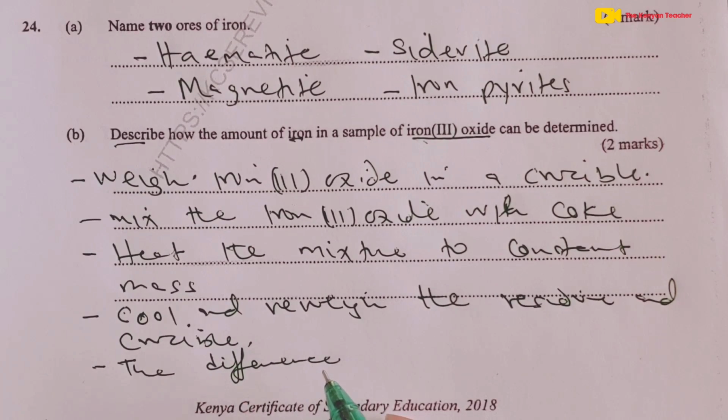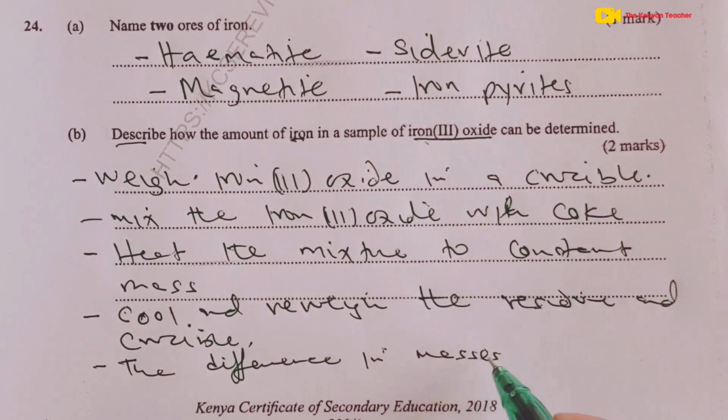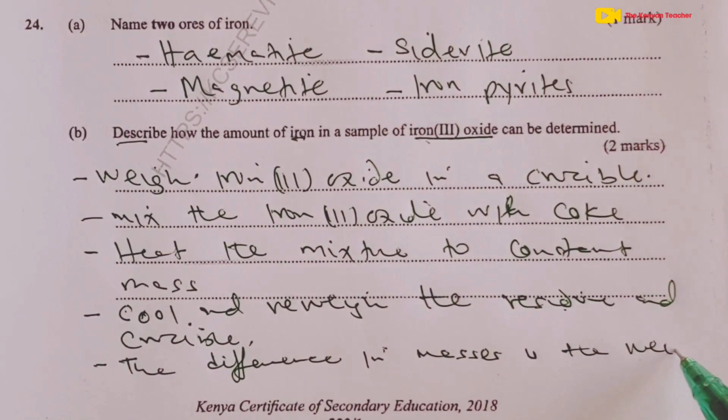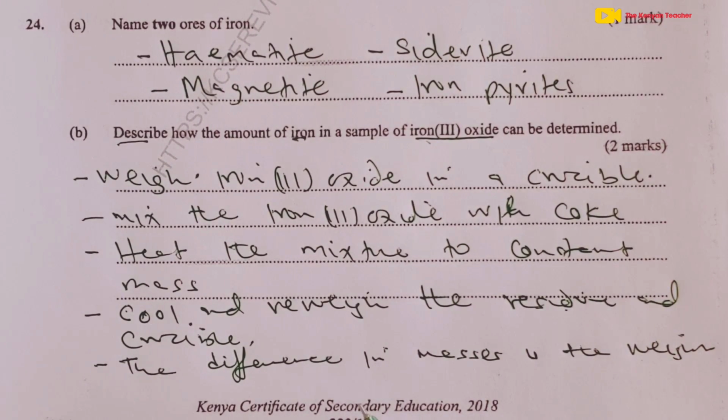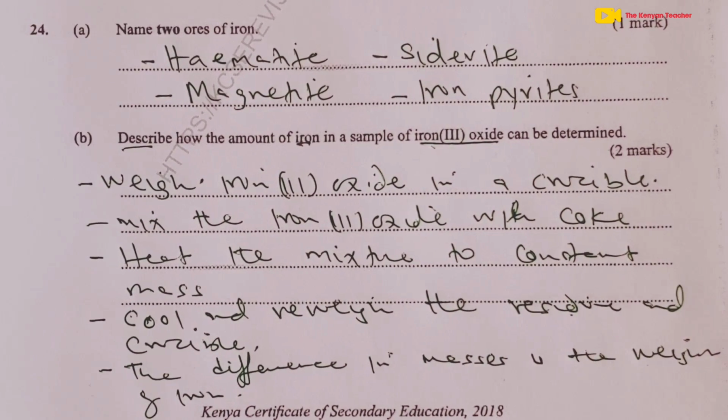So we finally talk about the difference in the two weights, or in the two masses. The difference in the masses is the weight of iron in the sample that we are provided with.